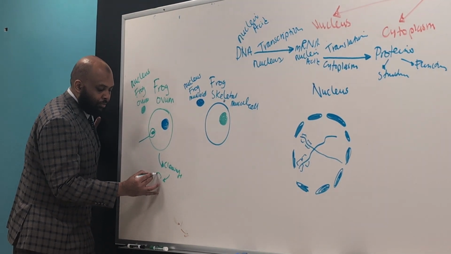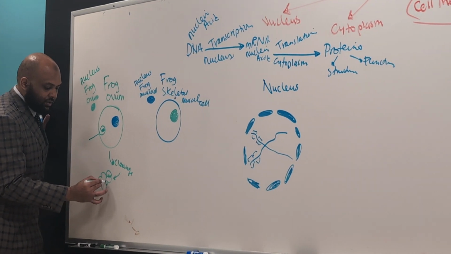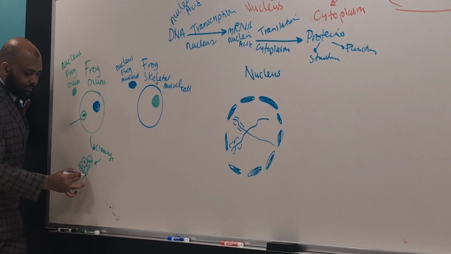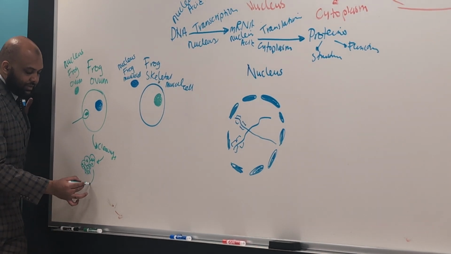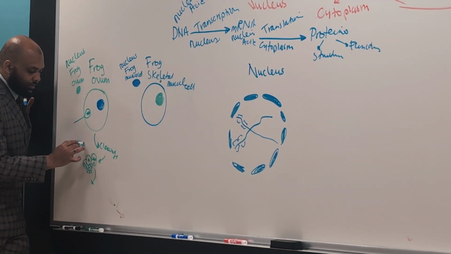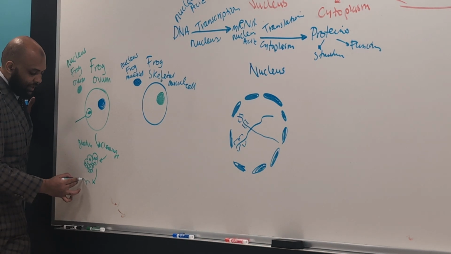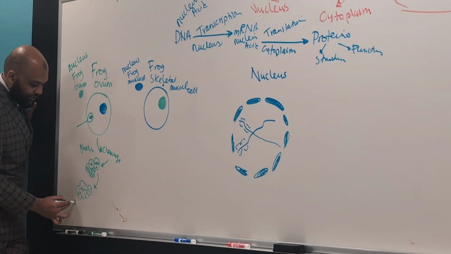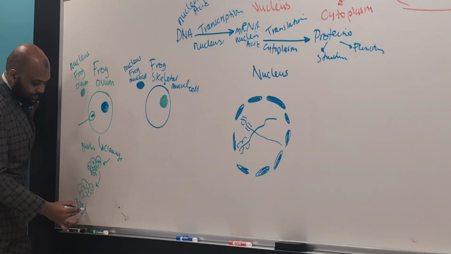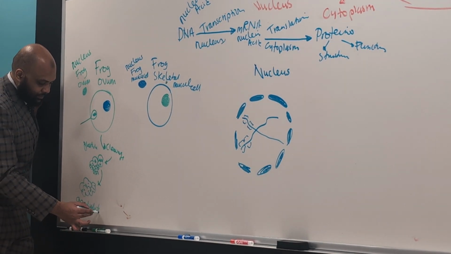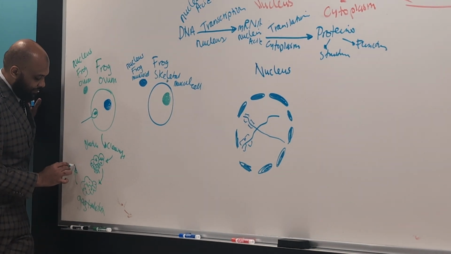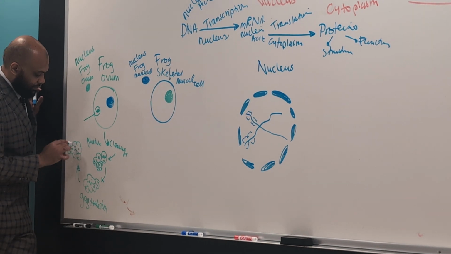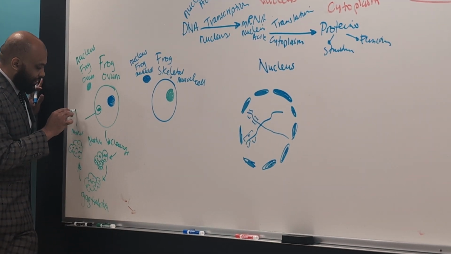Then you get more dividing cells, and you have blastula, then gastrulation, then morula, then you would have an organism.